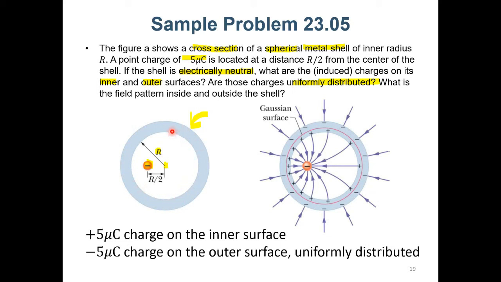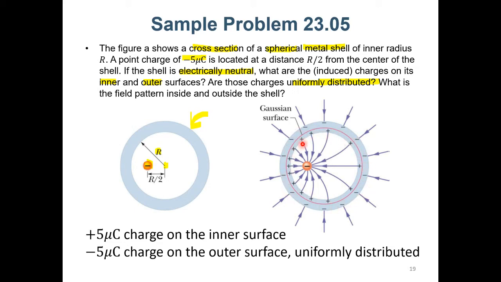Which means that the net flux for this Gaussian surface should be 0, which means that applying Gauss's law, the charge enclosed by this Gaussian surface is also 0.